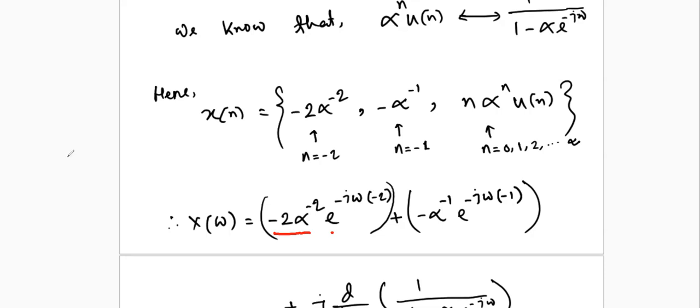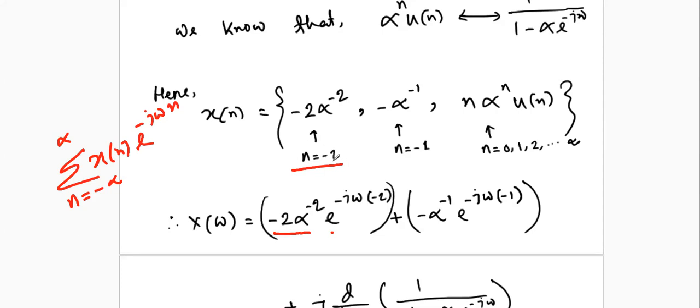Try to remember that in the basic definition of the Fourier transform, n is from minus infinity to plus infinity, then x[n] and e to the power minus j omega n. Whenever n is a particular value, there is no range. What is the range of n? n is only minus 2.